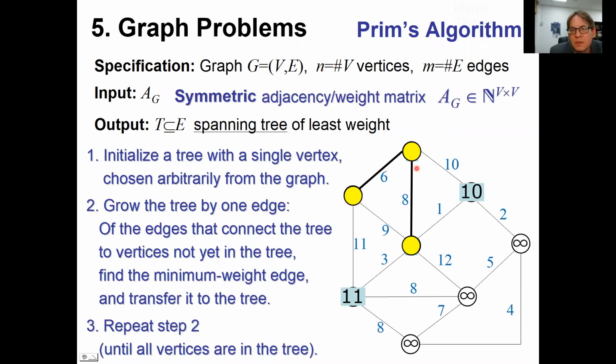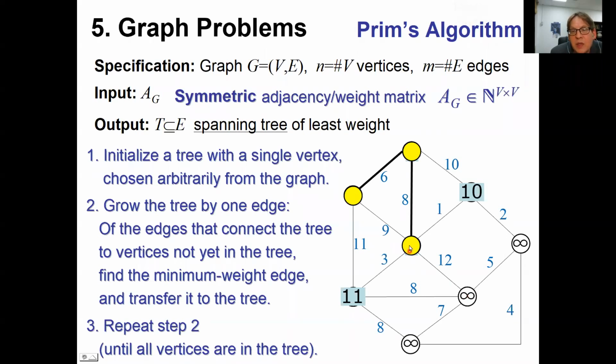Okay. And now we need to again update our distances. So previously this vertex had distance 10 to the tree, but now that this vertex has been added to the tree, this vertex now becomes closer and receives distance only 1 to the tree. So that's where it's going to update. Also, this vertex was previously unreachable.